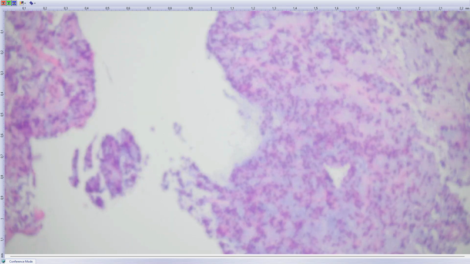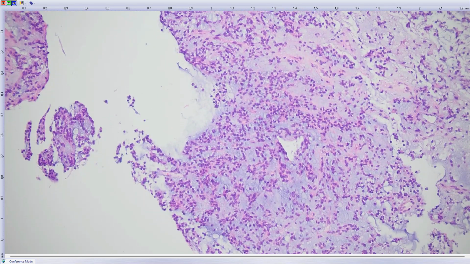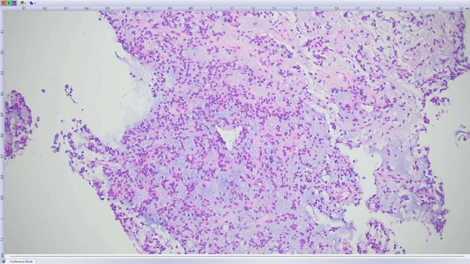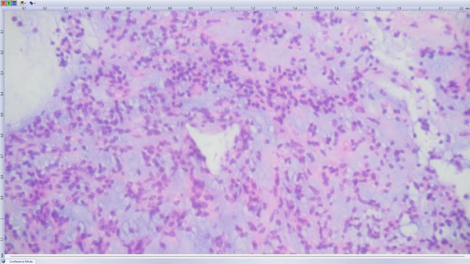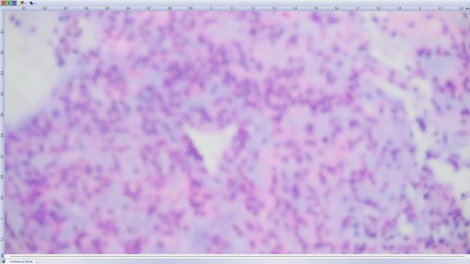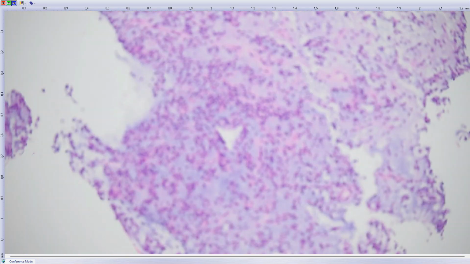And in this low magnification, we can see it shows these myxoid features, and the tumor itself is composed of round or a little bit spindly cells.